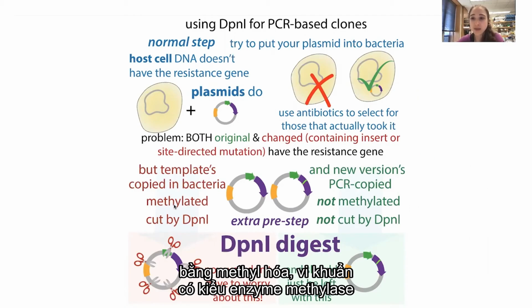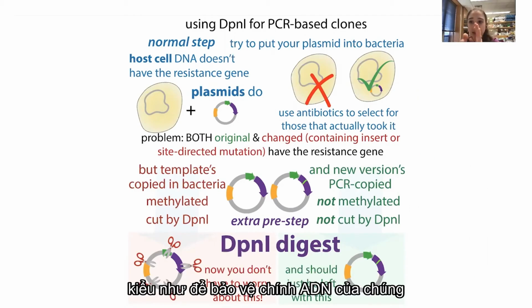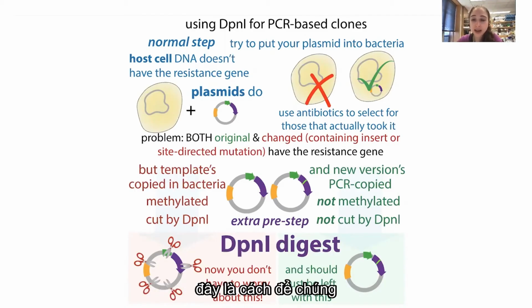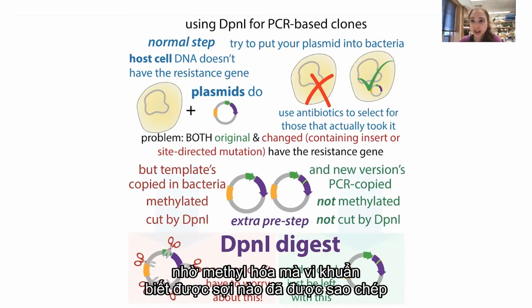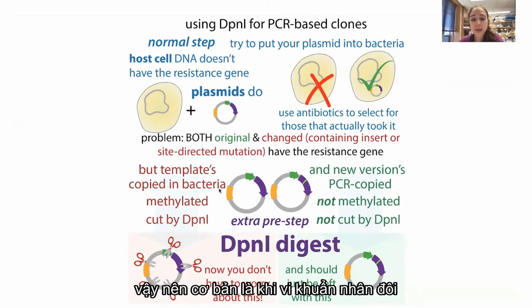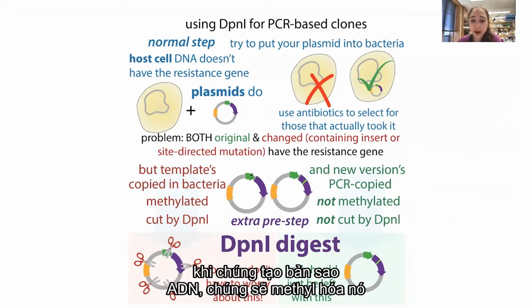Bacteria have this methylase restriction enzyme kind of thing going on, where they can protect their own DNA from getting chewed up by restriction enzymes. The methylation also helps them know which strand's been copied. So basically when the bacteria replicates and makes copies of DNA, they're going to methylate it.